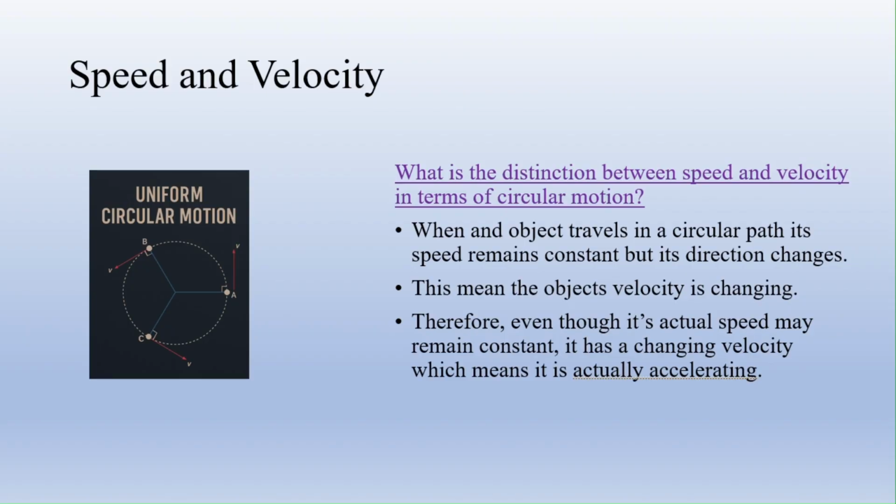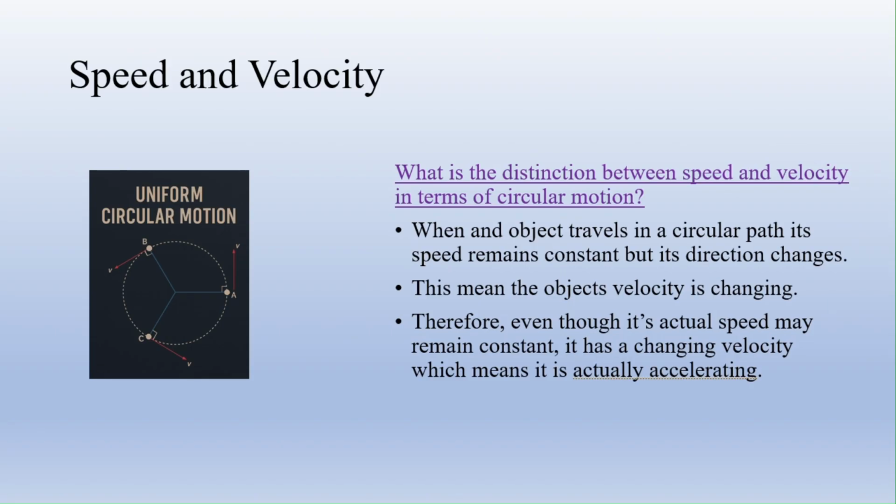What about circular motion? What is the distinction between speed and velocity in terms of circular motion? This is a little bit tricky to understand. When an object is moving in a circular path, it might look like its speed is constant, but because it's changing direction, its velocity is actually changing.